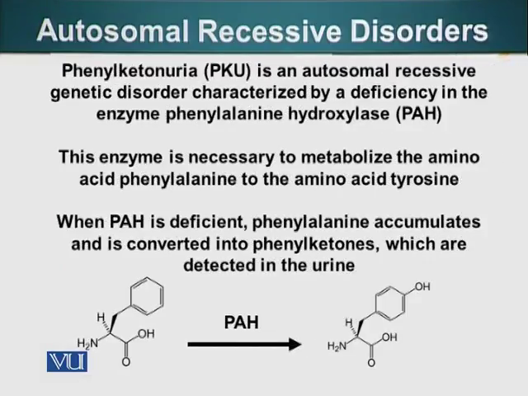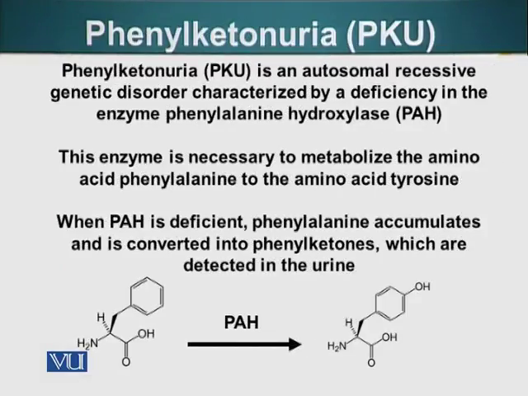Now let's look at a specific example of autosomal recessive disorder. Generally, people think that genetic disorders cannot be cured or cannot be managed. There are certain genetic disorders that can be, and phenylketonuria, an autosomal recessive disorder, is one of those.